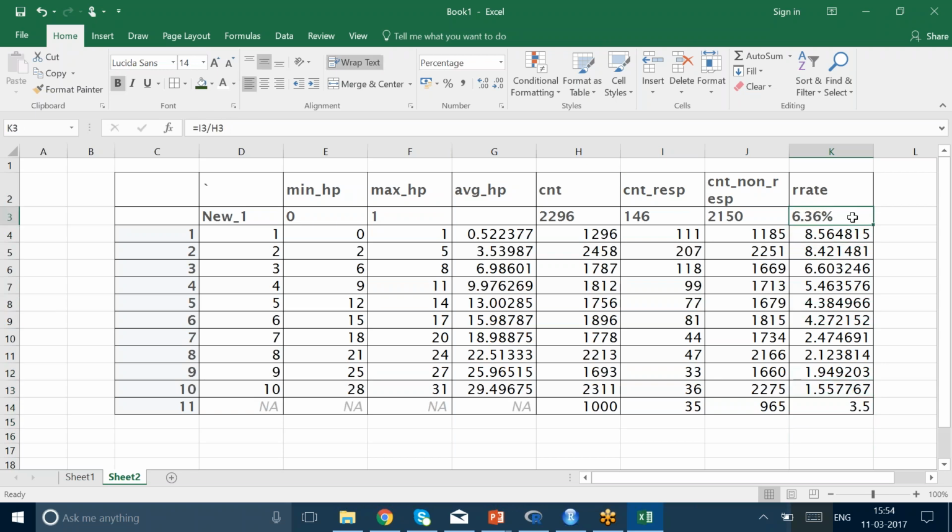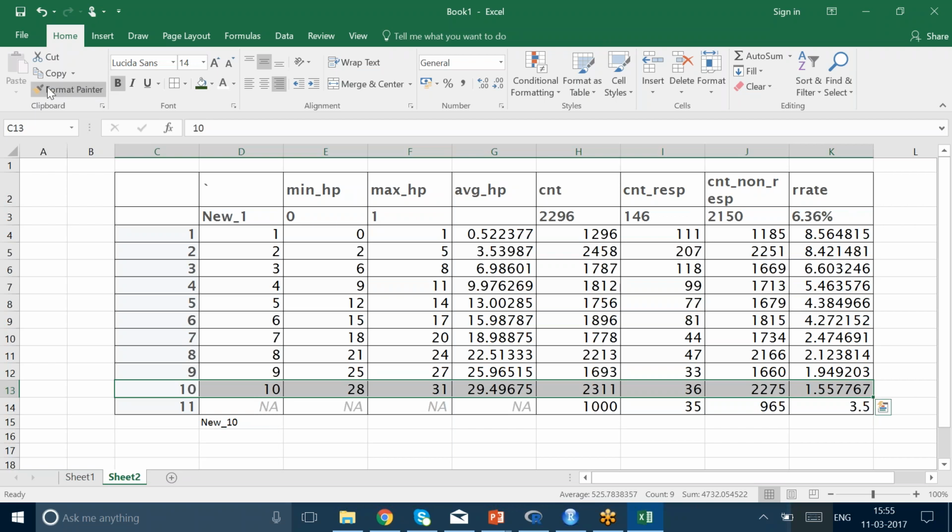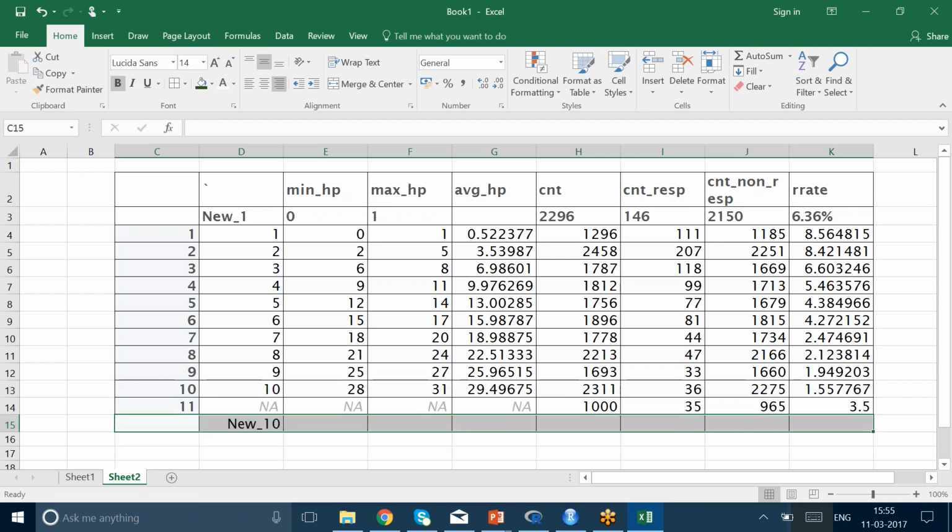Now let us consider another scenario. I say that all of them who have non-available information, actually they have very high holding period and they should be merged with the highest bucket. If I do that, so new 10, basically now what I am doing is I am now replicating this decile. I am now trying to create this decile.